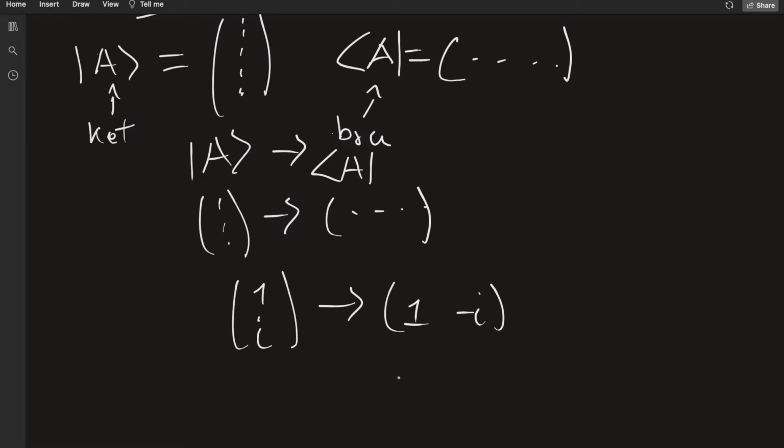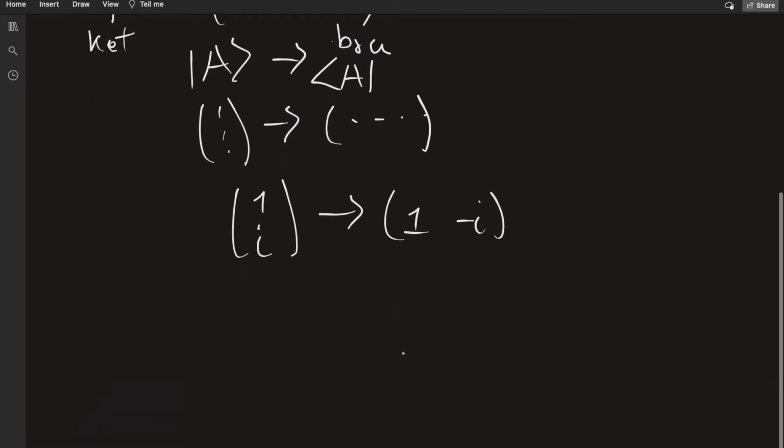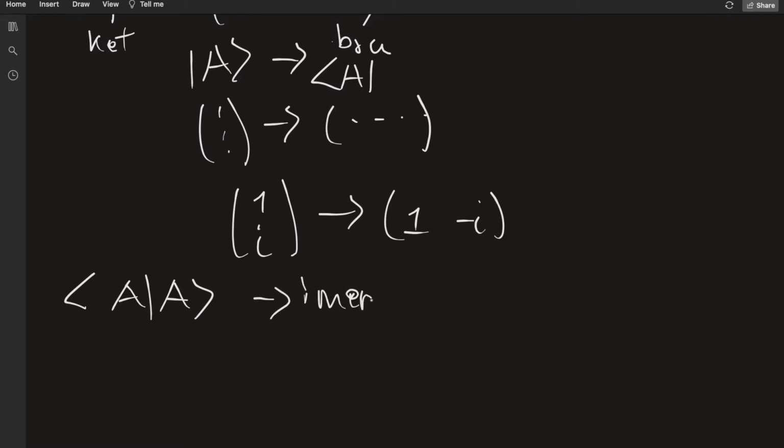All right. Now, why do we use this notation? It might be better when we're dealing with inner products or outer products.